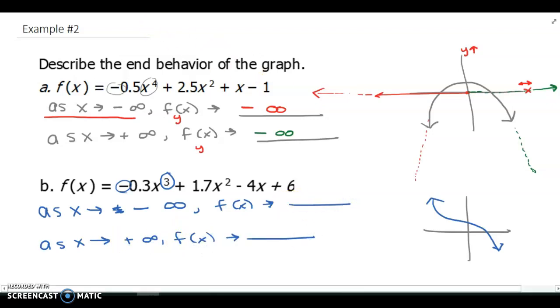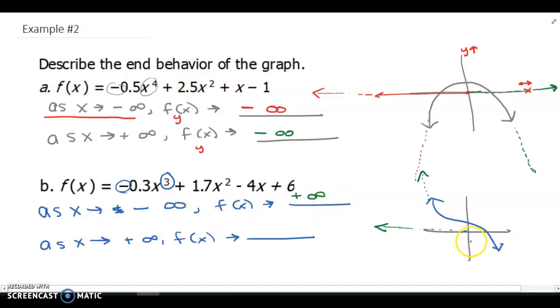If I look at this, as x goes to negative infinity, as I go more and more left, this graph is going to go more and more up. So this would be positive infinity. So as x goes to negative infinity, my f of x goes to positive infinity.